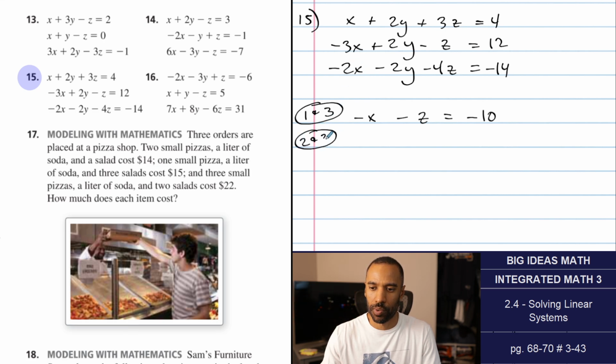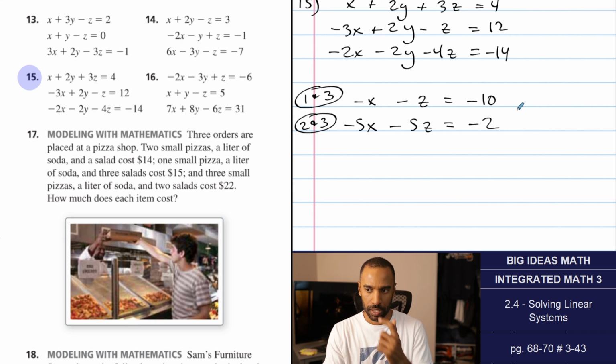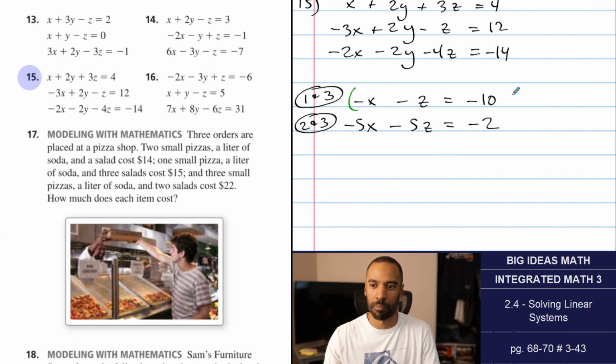For equations 2 and 3, negative 3x minus 2x is negative 5x, 2y minus 2y is 0, negative z minus 4z is negative 5z, 12 minus 14 is negative 2. Now, generally I'd do the whole divide by 5 thing here, but 2 can't divide by 5. So instead I'm going to take the top equation and multiply by negative 5.